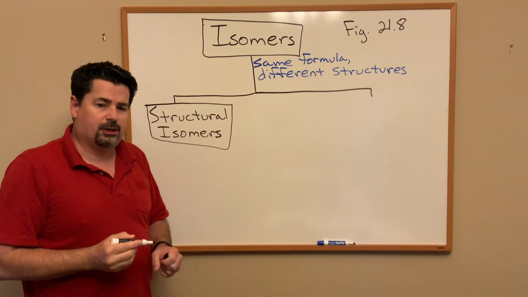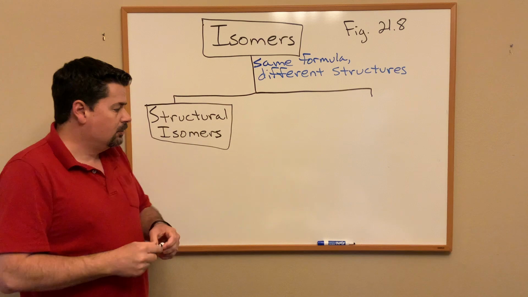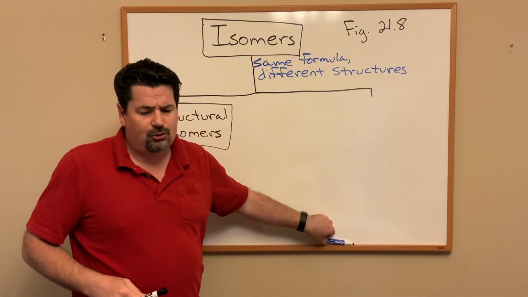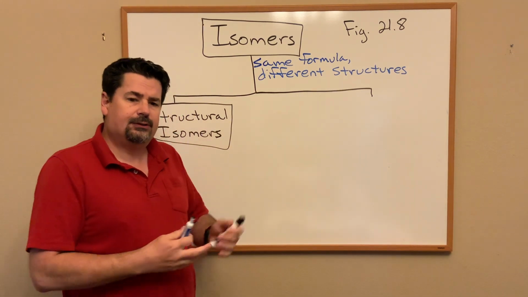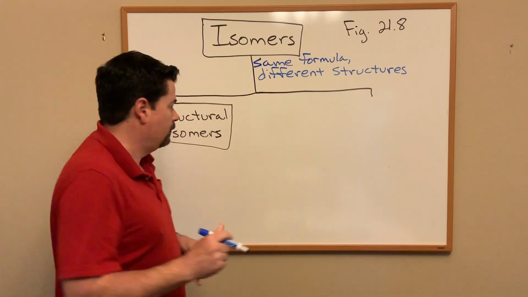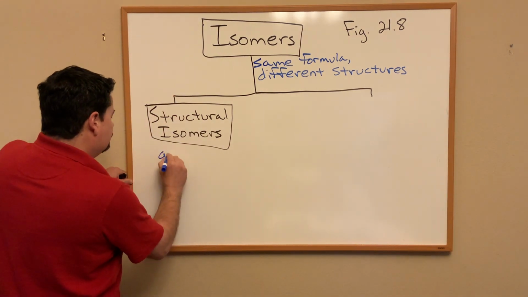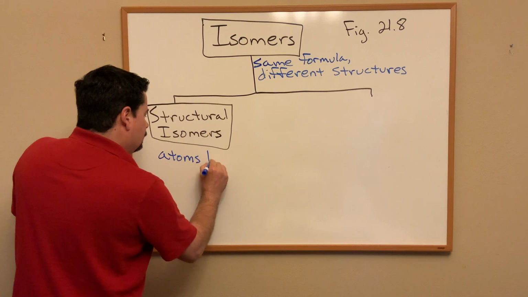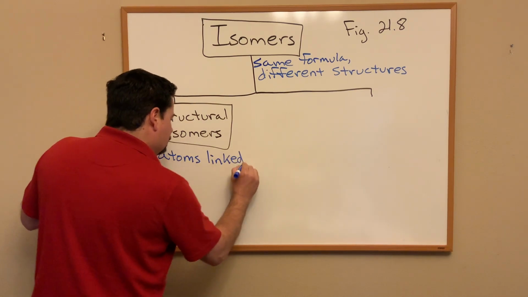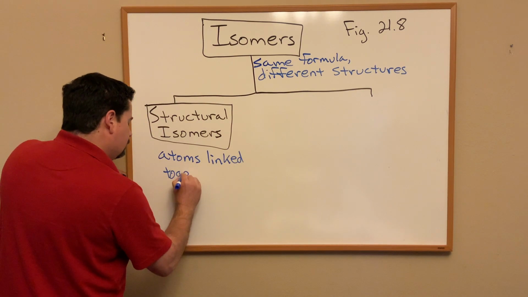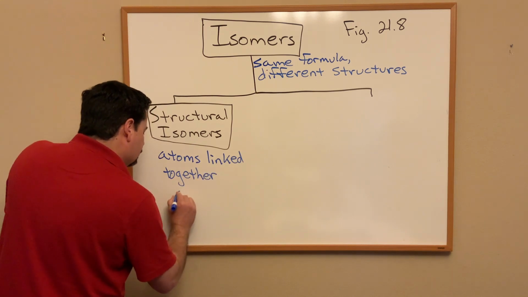We have the structural isomers, where the atoms are linked together in a different order. So atoms linked together differently.